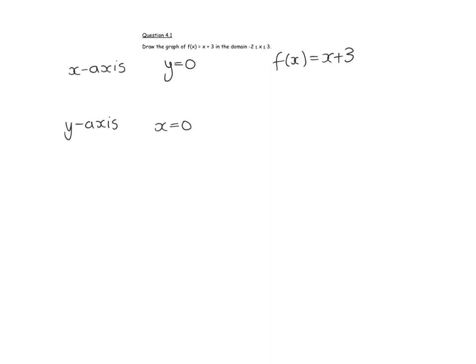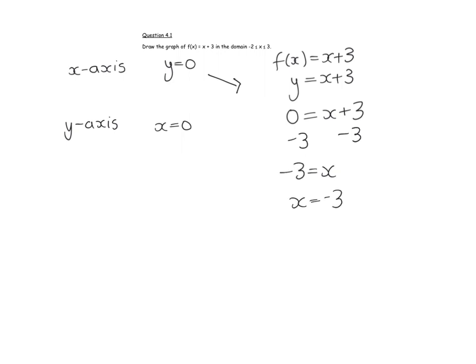We know that f of x is y, so y is equal to x plus 3. The first one we're going to go with is the x-axis. We know that y is 0 when it crosses the x-axis, so we're going to sub in 0 for y, so 0 equals x plus 3. We can take 3 from both sides, and we get minus 3 is equal to x, so then x is equal to minus 3. So the coordinates of the point where the graph crosses the x-axis is minus 3, 0.